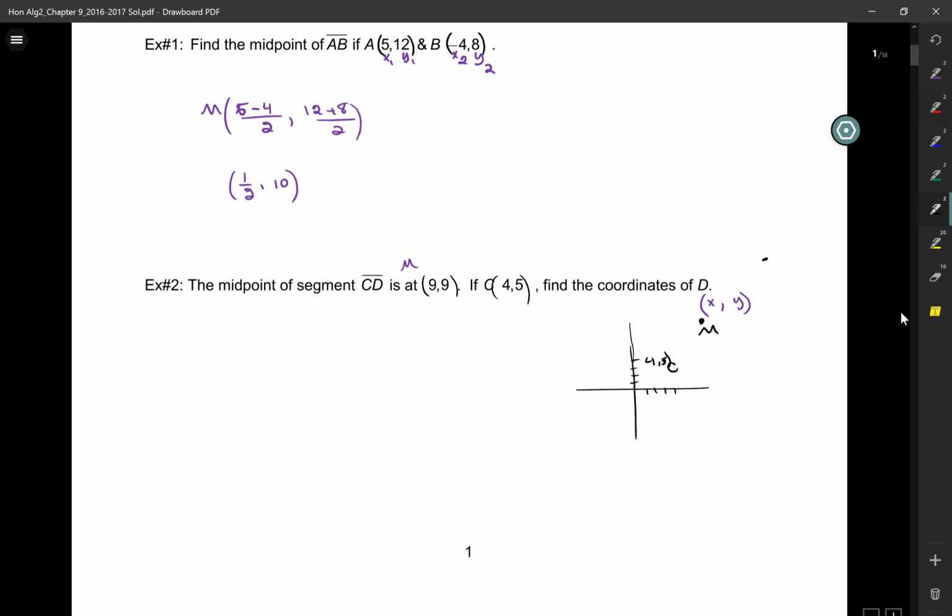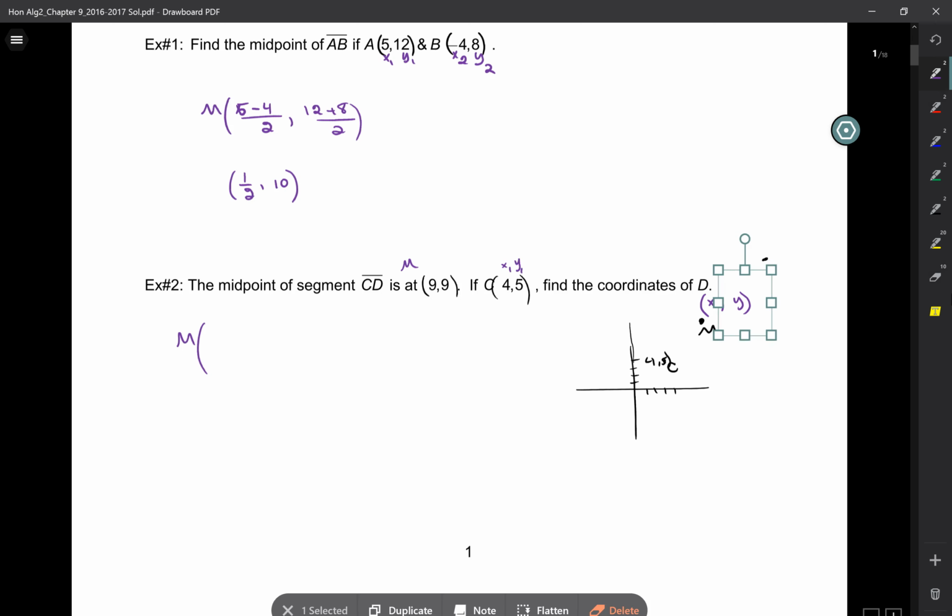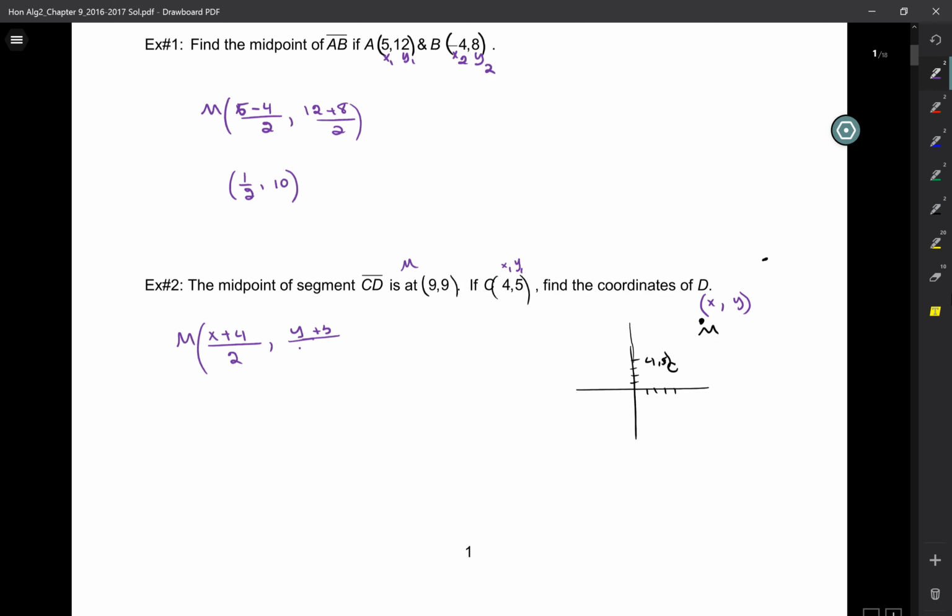All right, so how are we going to do this? So basically, the midpoint, right? So this is x1, y1, and x and y is x2, y2. So it's going to be x plus 4 over 2, comma, y plus 5 over 2, and that equals 9, 9.